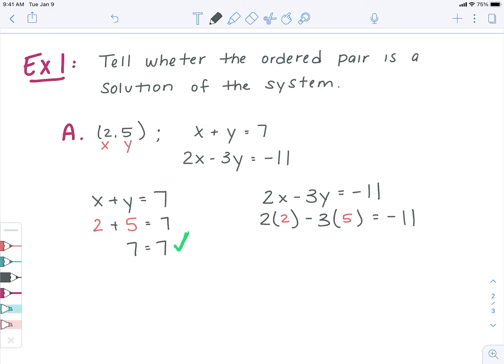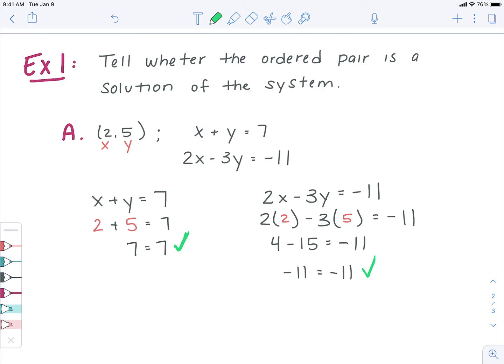Then I'm just going to use order of operations and simplify, making sure I get the same thing on both sides. 2 times 2 gives me 4, minus 3 times 5 is 15, equals negative 11. 4 minus 15 is negative 11, equals negative 11. Negative 11 and negative 11 are the same on both sides, so it's true.